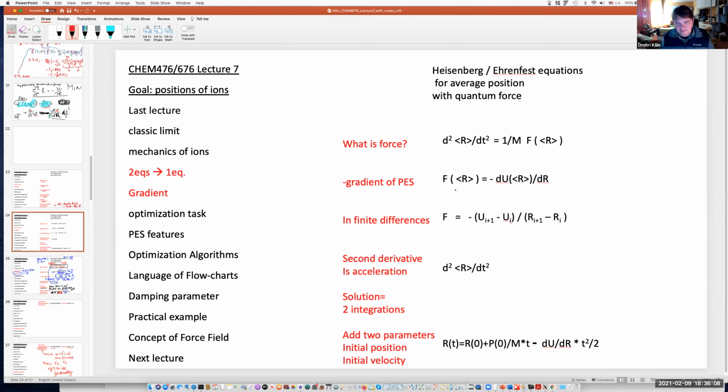So force is the gradient of the potential in the surface. And if we want to recast this definition of force in finite differences, we take the definition of the derivative.